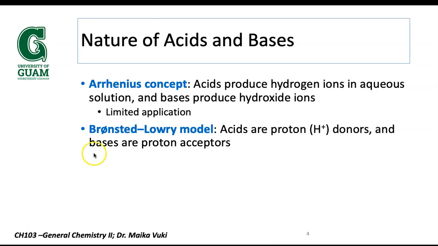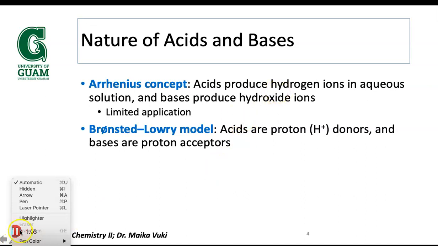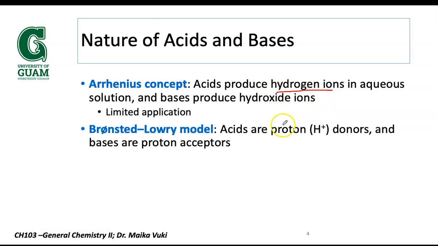Let's talk about the first definition of an acid and a base. This is actually the definition by the first discoverer, Arrhenius. He came up with the definition that acids produce hydrogen ions. Acid is a source of hydrogen ions in aqueous solution, and bases are the source of hydroxide ions.